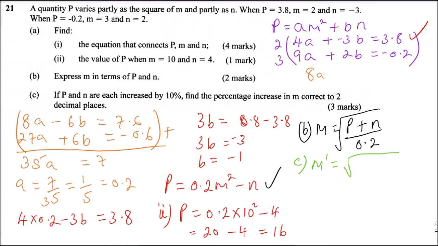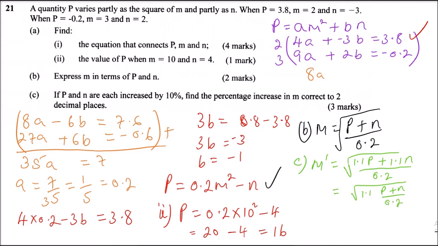P is increased by 10%, so the p will be 1.1 of p, plus 1.1 of n, and this is divided by 0.2, where we can factor out the square root of 1.1, and that is p plus n over 0.2.